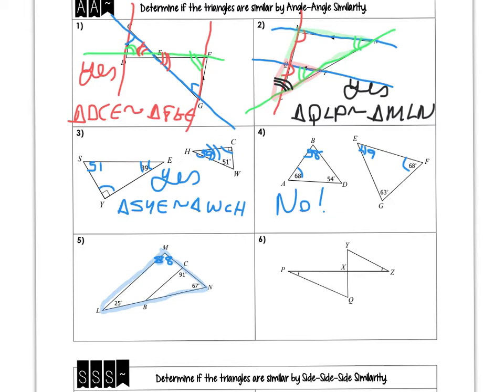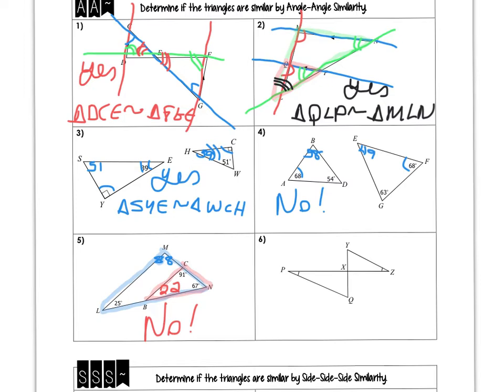And then if we go to that little one, we go 180 minus 91 minus 67, and you get 22. Got it. So therefore, this is a no. It does not have two angles that are the same.